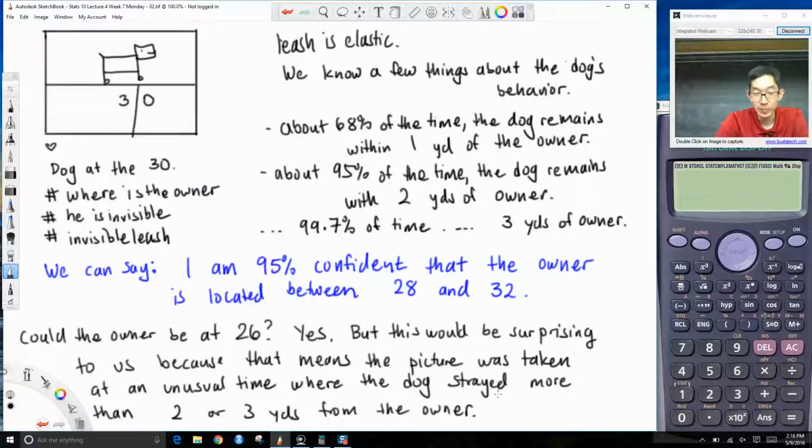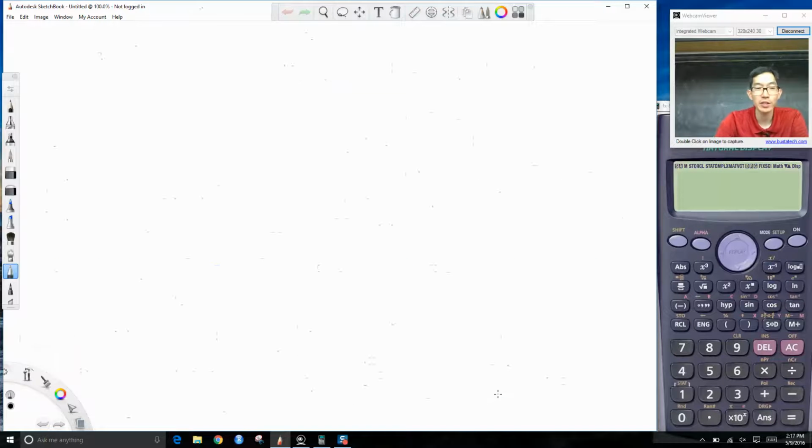So the idea here is that basically the location of the owner is analogous to the population proportion p.